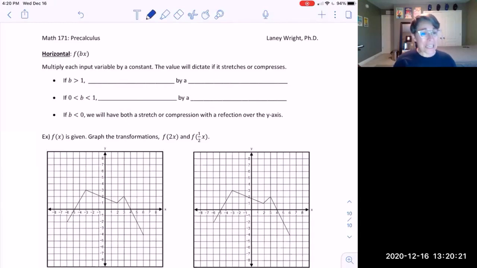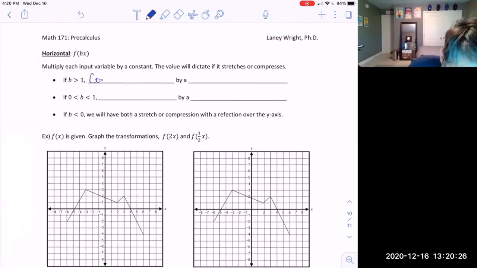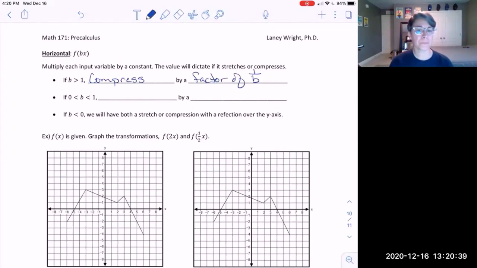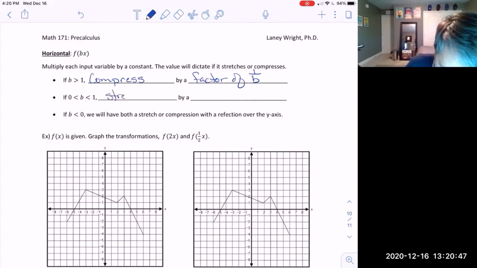So if b is larger than 1, we compress by a factor of its reciprocal, 1/b. If b is between 0 and 1, let's say 1/2 or 2/3, then we stretch horizontally by a factor of 1/b.